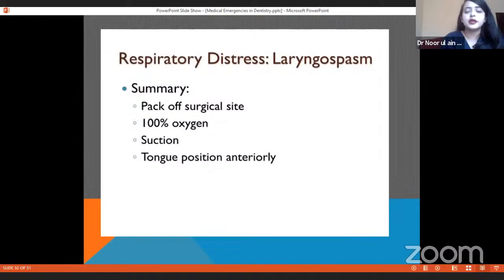The summary for the respiratory distress laryngospasm is: pack off the surgical site, give 100% oxygen as required in every procedure, because most of the time there are foreign objects which will stop your oxygen level. So better to give the 100% oxygen, do the suction well, and tongue position is a must. You have to watch if the tongue position is right or not, and it should be kept anteriorly.